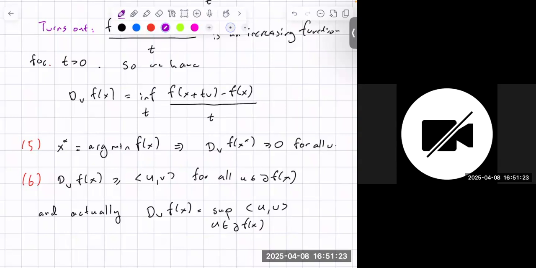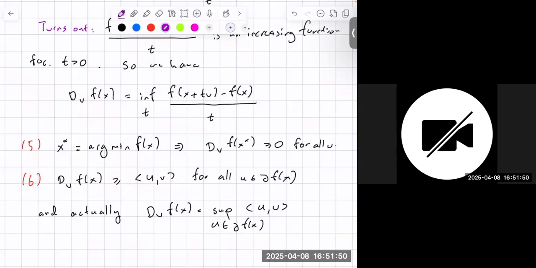And the last thing we discussed was that this directional derivative also gives another way to look at the subgradients. Take your directional derivative at a point in the direction v. That's a number. And if you take a vector u, the dot product with that direction v has got to be less than this number. A subgradient satisfies it for any direction v you could think of.